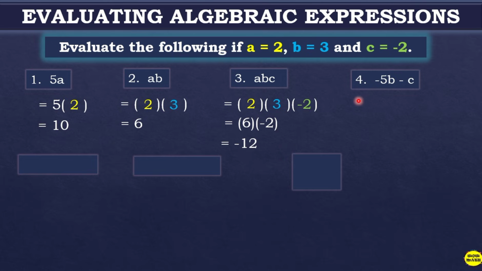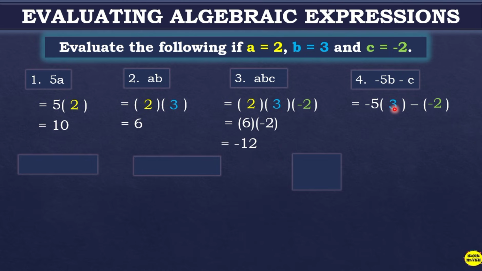Next. I have here negative 5b minus c. So, this is multiplication and then subtraction. Okay, but take note ha, ito po ay negative. Again, kapag ang sign po natin, meron tayo dito sa unahan, hindi po yan minus. This is negative. Okay, so negative 5, the value of your b, which is positive 3, minus, okay, what is your c?